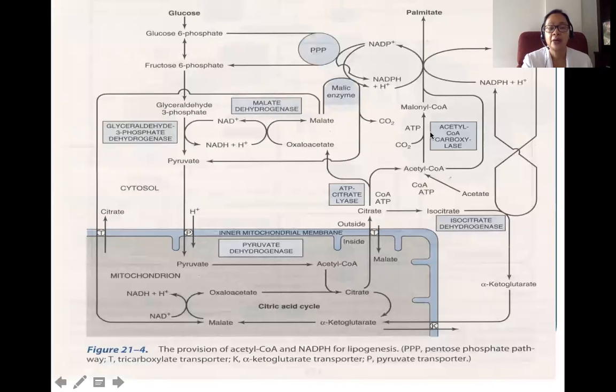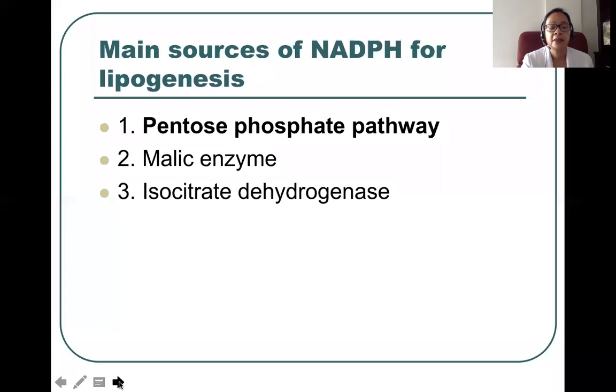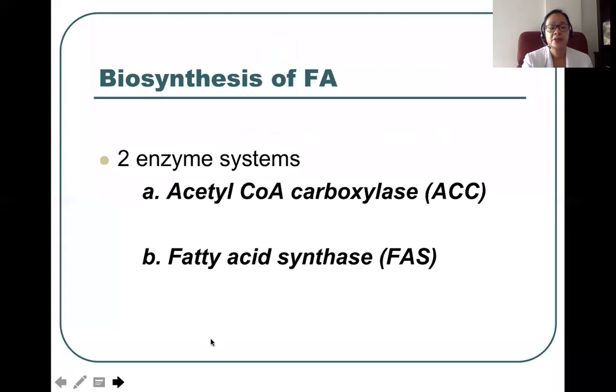This one is one of the major sources of your NADPH, the isocitrate dehydrogenase, and also the malic enzyme.